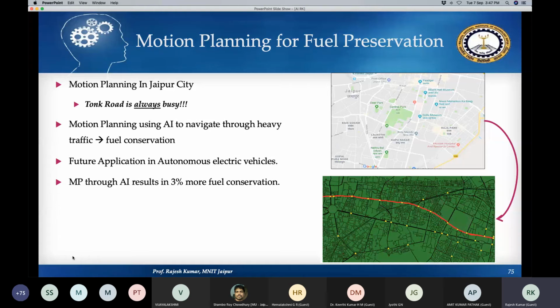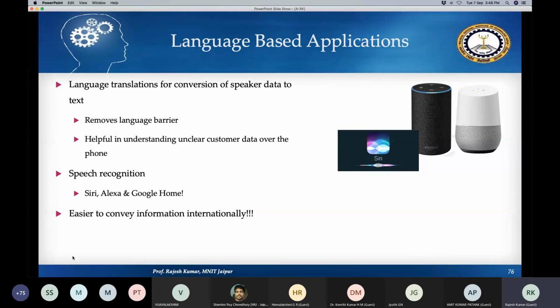But when you compare the fuel consumption, you'll find that though path B is longer, if you follow it, you can save more fuel. Those things are very important in motion planning, and that will help not only in saving fuel but also in providing an alternate solution so that congestion on the roads can be eliminated.